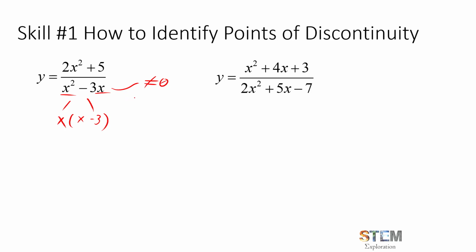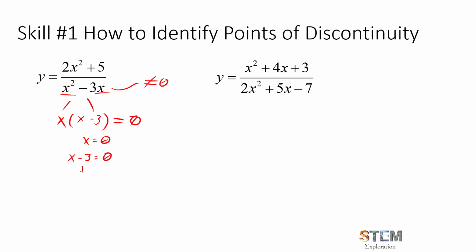This isn't necessarily a new skill. We're just applying a different concept to it since we're looking at inverse variations or reciprocal family functions and those types of things. So to identify these points, we're just going to ask, does this equal 0? Because if we apply the zero product property, we can say, if x is equal to 0 and x minus 3 is equal to 0, both of these values for x are going to be points of discontinuity.